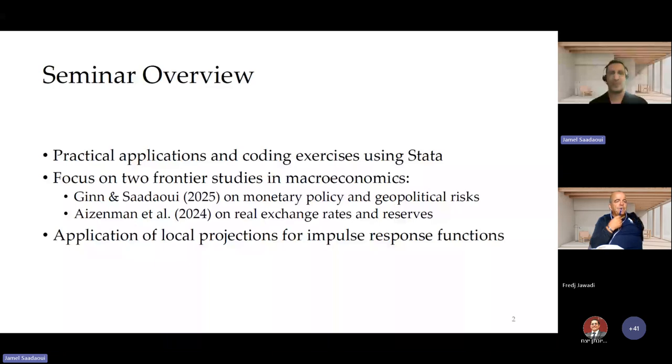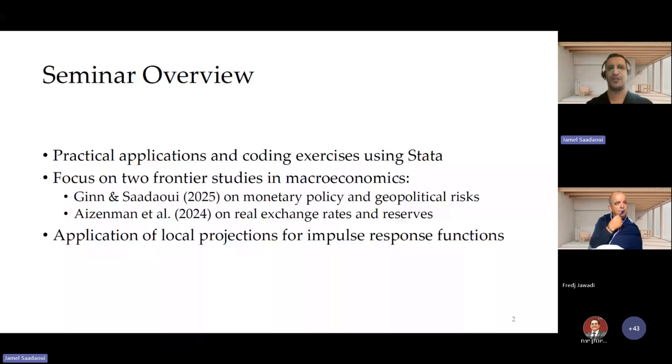The practical application will consist of me showing you some graphs, and then we'll go to Stata. We are going to open Stata and see how to reproduce these graphs. These two studies are not in the good order, they are in reverse order.